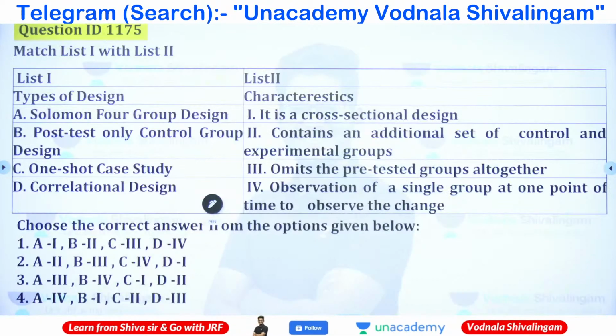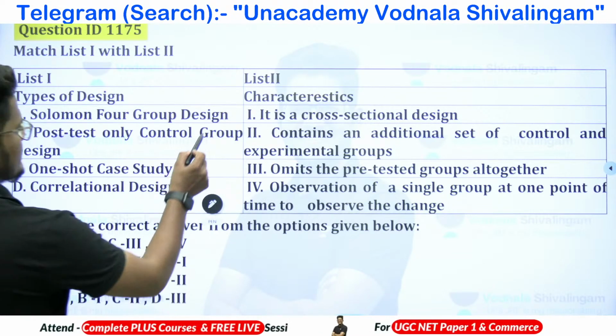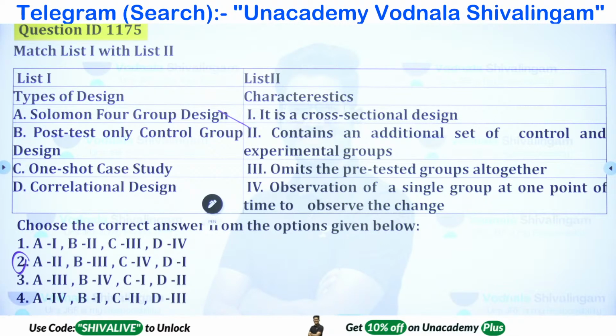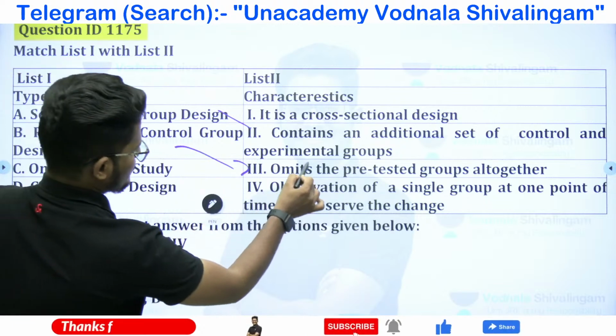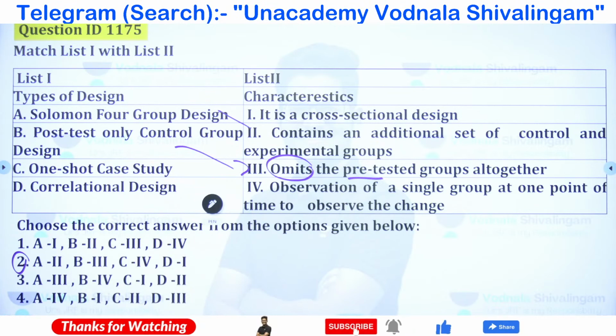So option B is the given answer. Solomon 4 group design contains an additional set of control and experimental groups. Post test only omits the pre-test, because post test only indicates that the pre-test should not be covered. That is the answer actually.